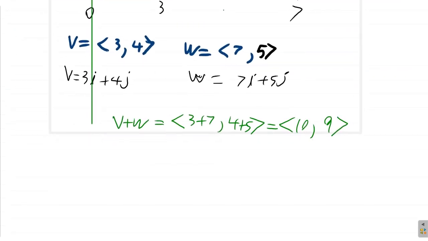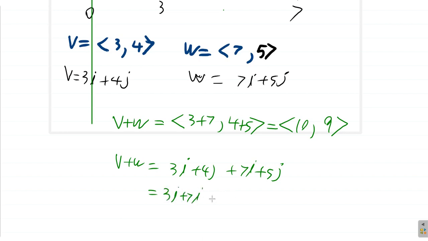If you get them in the form i and j, then V plus W would be the same as 3i plus 4j plus 7i plus 5j. You see that? But you put i's together now. 3i plus 7i plus, and then 4j plus 5j.